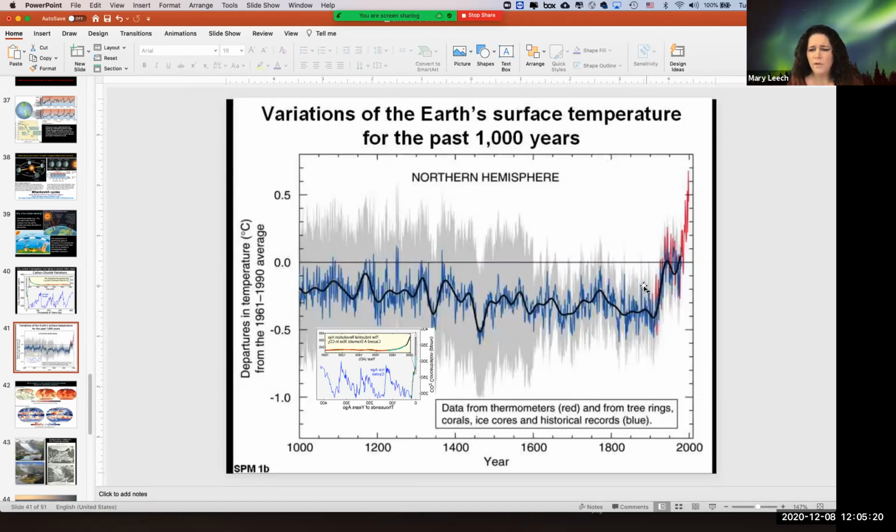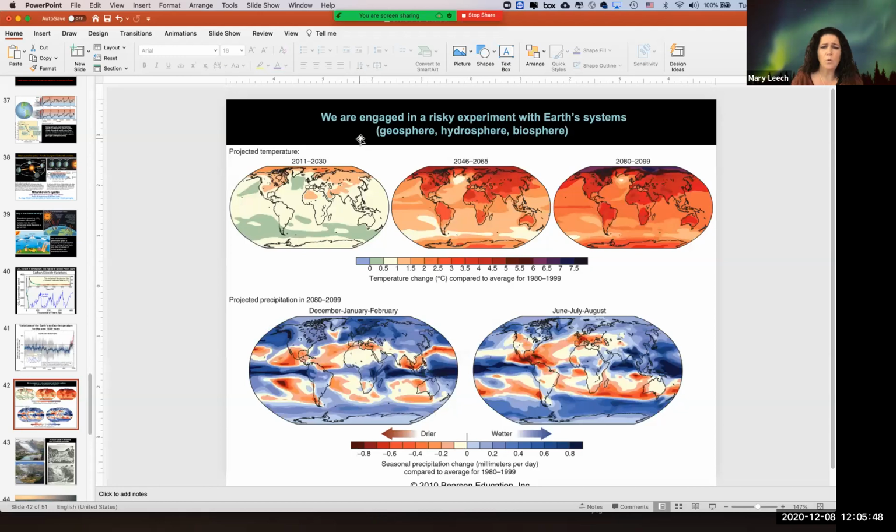Around 1900, we started to see a departure from that natural variation of Earth's surface temperatures. And look how it's increased now. I think we're now over a degree warmer than this average that we calculated. So it is an unnatural amount of heat that is resulting from those greenhouse gases.